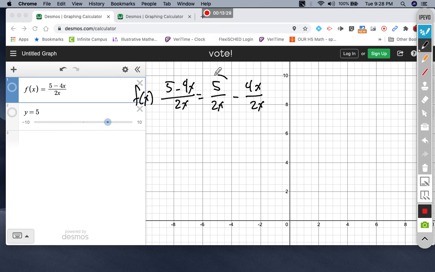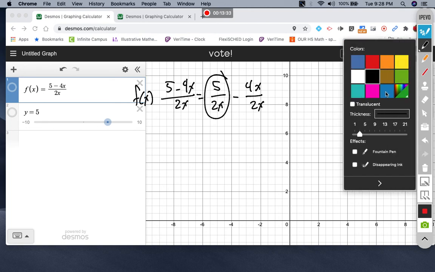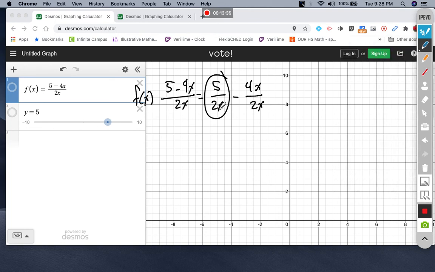Here again, I have a number divided by an x. So as x gets really big, this is going to look like 0. Here, I can say x divided by x cancels out, and I get 4 over 2, which is a minus 2.